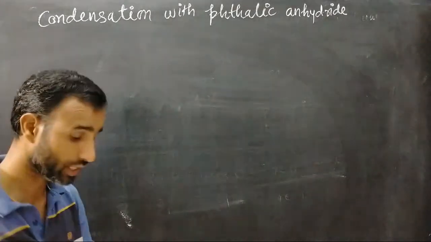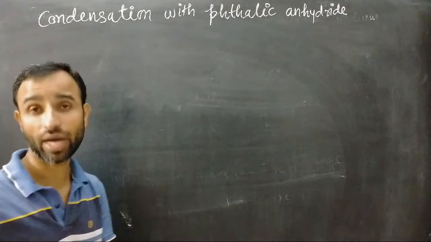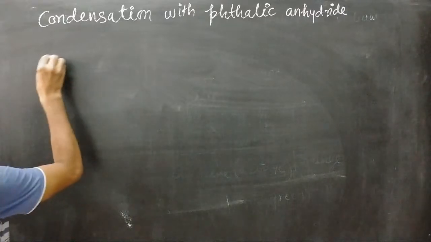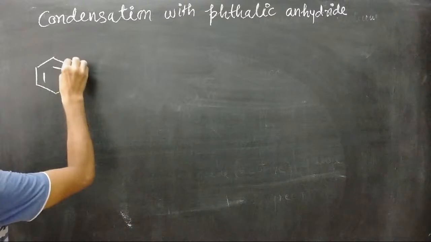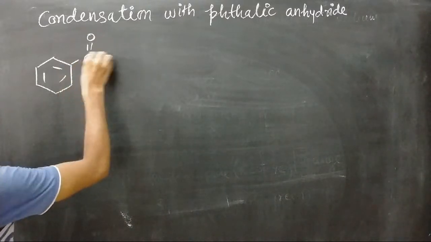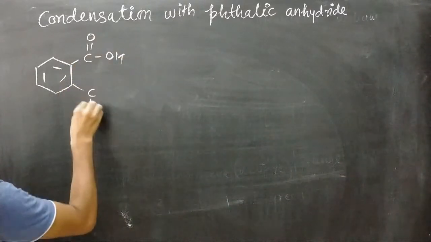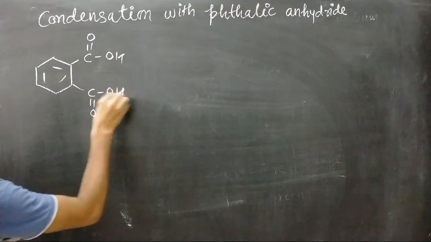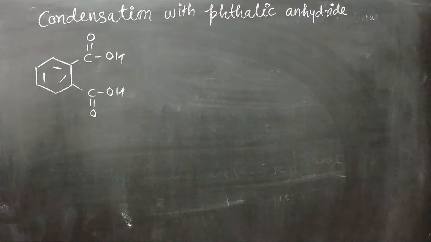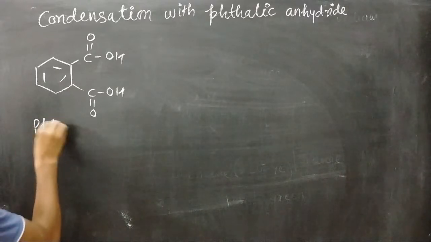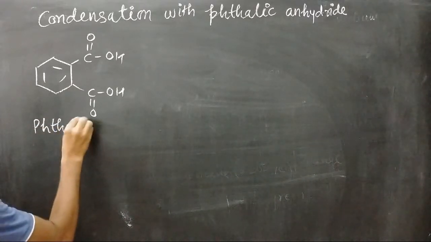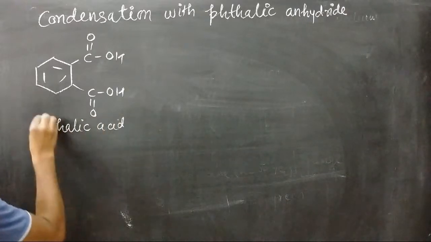Very good. It is a dicarboxylic acid. So if COOH groups are at ortho positions, then it is called phthalic acid. The ph is silent, okay?